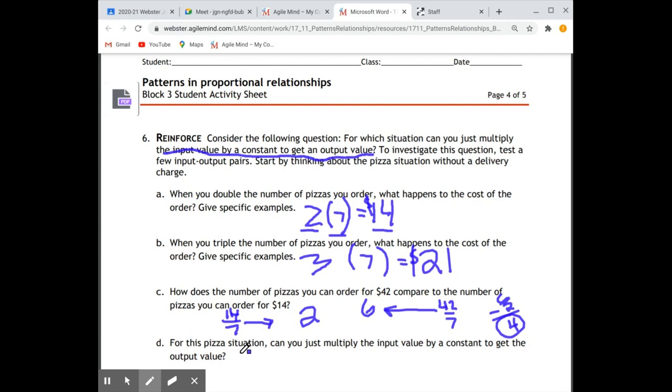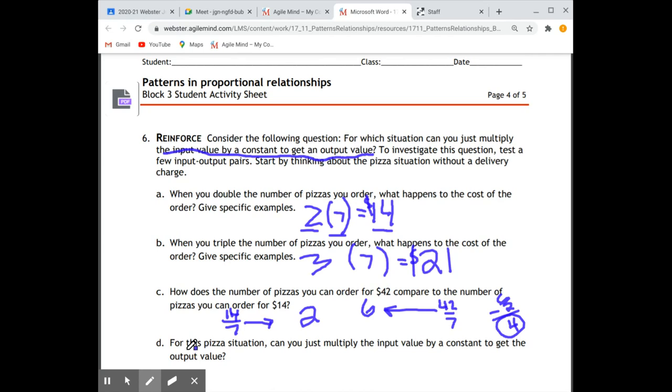Yes. Or I guess I should say, think about the pizzas without delivery. For the pizzas without delivery, we can. But the pizzas with delivery, can we? No, because we got to do what to every order? You gotta put $5 for delivery. Great job.